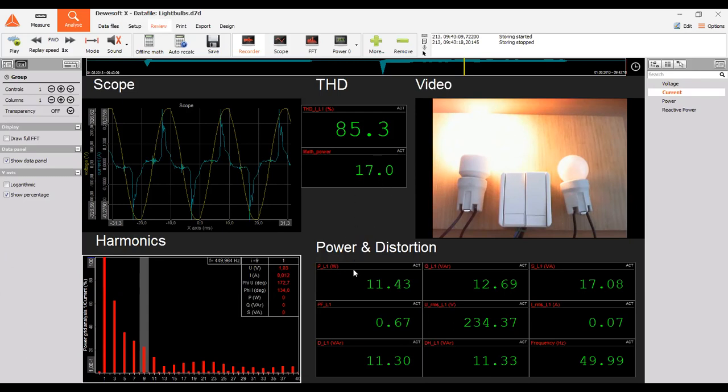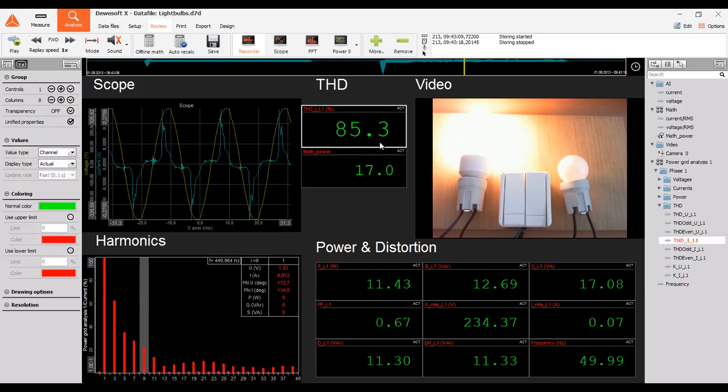That's why we actually need the power module to get correct results. Just calculating voltage times current is not correct anymore because of the non-ohmic load of the energy-saving bulb. And we have a distortion level of more than 80%, which is really, really bad.